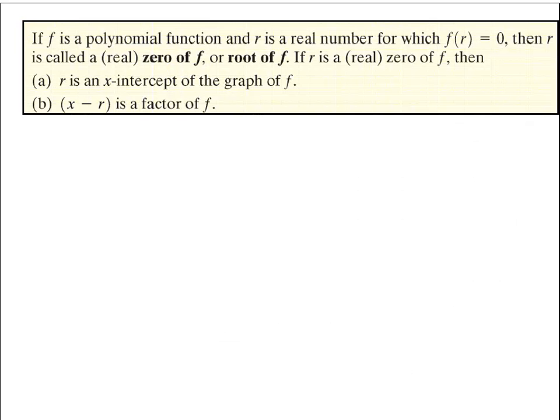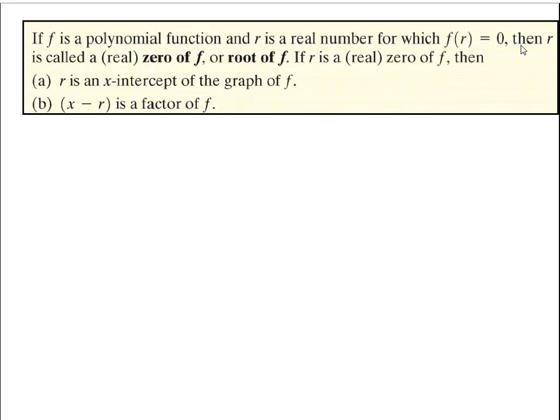All right, so in the textbook, here's that official connection. They say if f is a polynomial function and r is a real number, so that when I plug r into the equation, I get out a y value of 0, remember that that's an x-intercept. If I plug in r for the x value and I get a y value of 0, then that's an x-intercept.